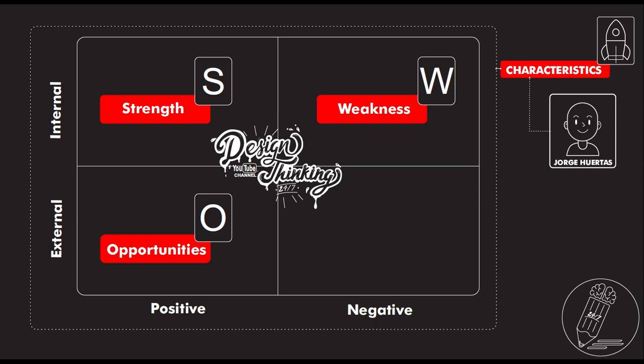After that, you go with the opportunities. The opportunities are positive, but they are something that you don't have right now. These are external. So if you see that you can make an alliance with someone or with an organization, or if you can bring something in, you have to be very specific with all the things that you write here. But remember, if you let an opportunity pass, something that was positive becomes something negative.